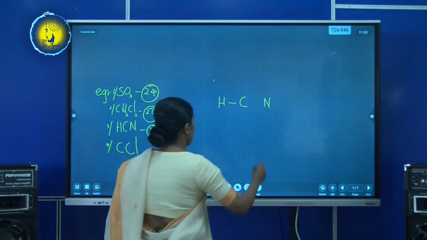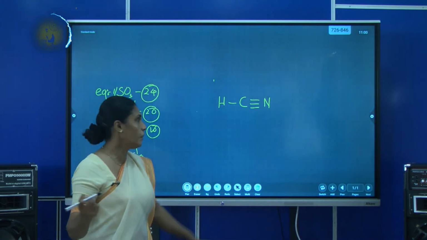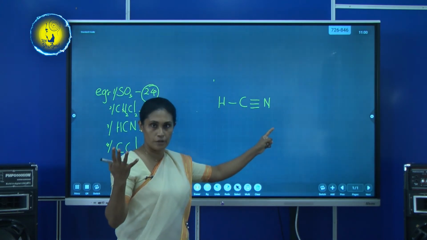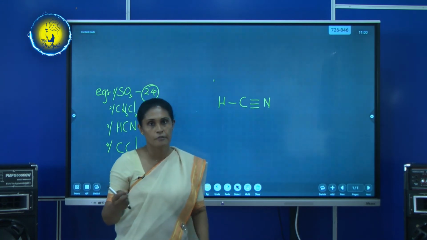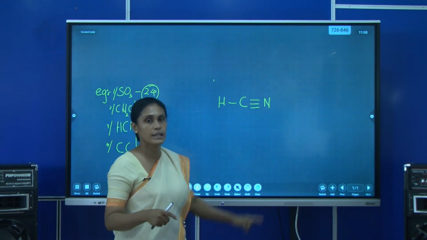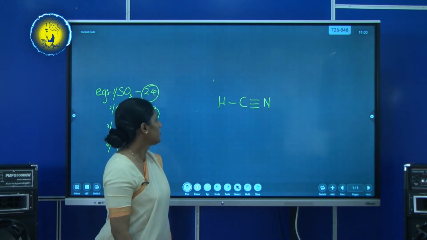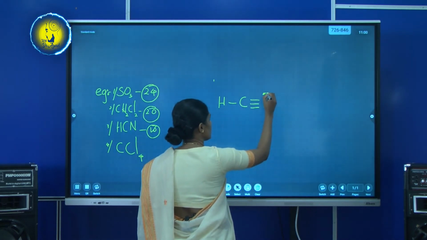So here also same. If nitrogen is not making a triple bond, it is not stable. If carbon is not making 4 bonds, it is not stable. That is the reason. Ultimately carbon has 4 bonding. Yes, true. Here there is a lone pair for nitrogen.